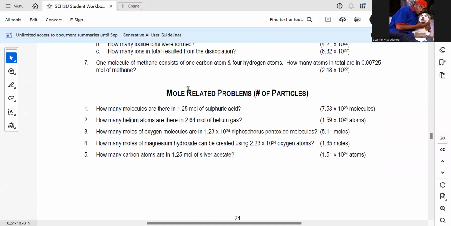Okay, so mole related problems. Try this now. How many moles? First, third, and fifth.